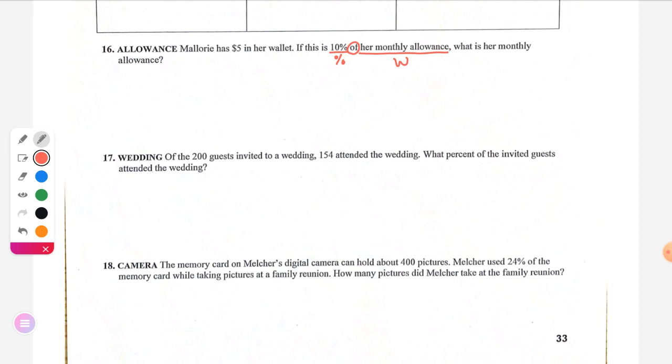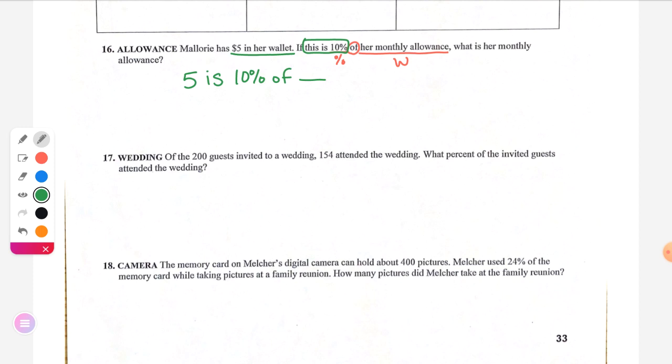Here's another, you can pay attention to the words. It says she has $5 in her wallet. This is 10%. So 5 is 10%. So it's still that same wording. I want you to write this, 5 is 10% of blank.